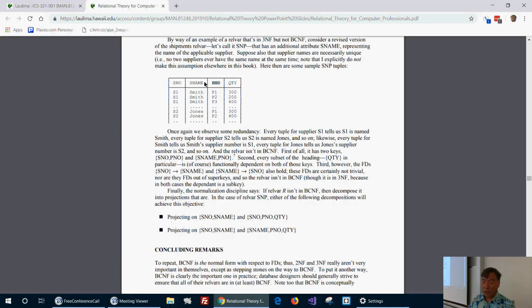And the key is this plus this. Well, the trouble is when this plus this is the key, then this thing still depends on this, which is not the key.